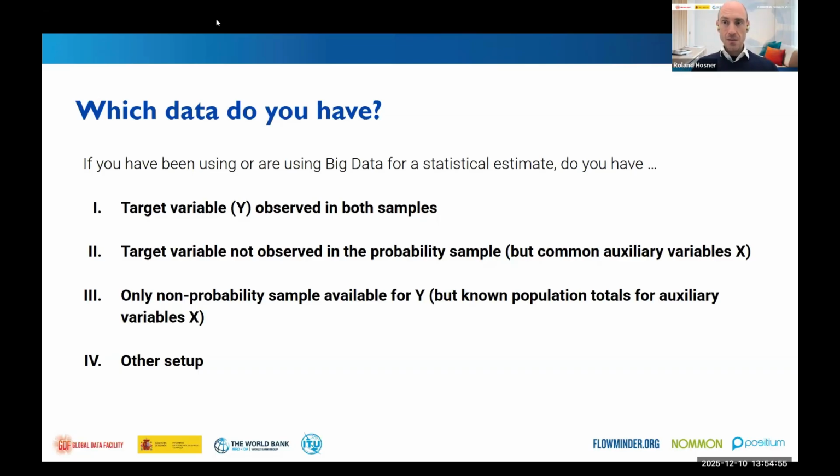What exactly is it you're trying to measure with these data or use it for measurement? And what other data sources are available that measure the same concept? And if not, what other data sources could be used for auxiliary or predictive variables that could help with the process? Okay.